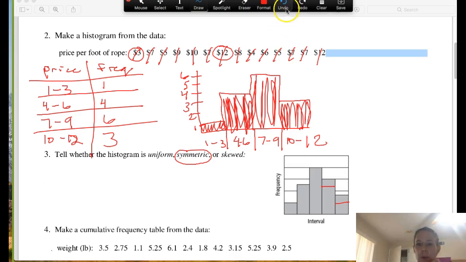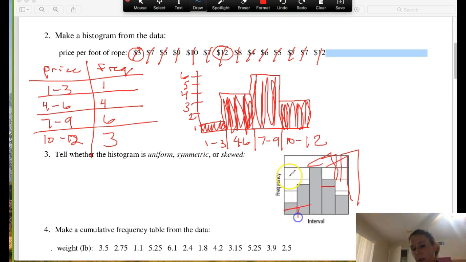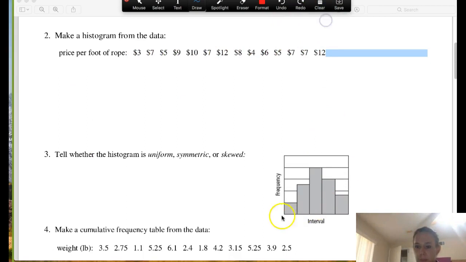Now, a skewed graph might look something like this. A skewed graph might have a bunch of data points all on one side, where these were all high and then these were really low. If my data points look like this, and then it was big on this side, I would say it's skewed to the right.